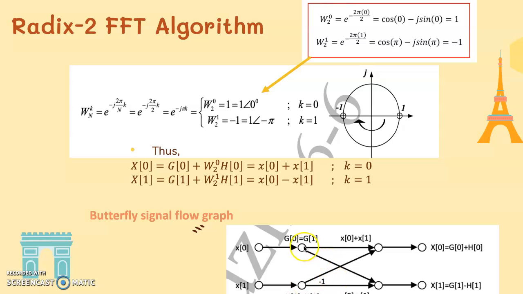So draw an arrow here. So it becomes X0, G0 plus H0. Okay, for X1, x0 minus x1. So this is minus 1. So it becomes X1, G1 minus H1. So this is how you draw the butterfly signal flow graph.